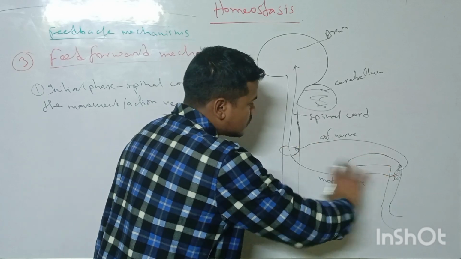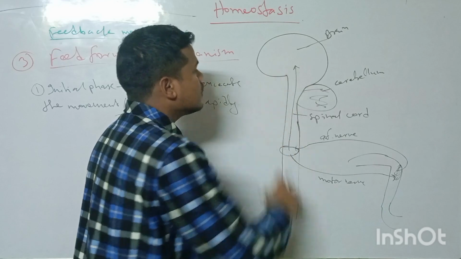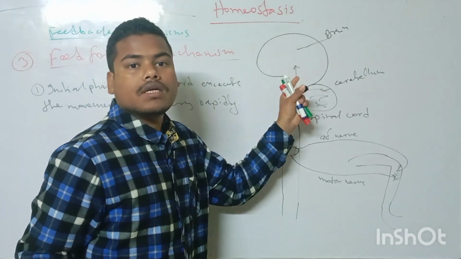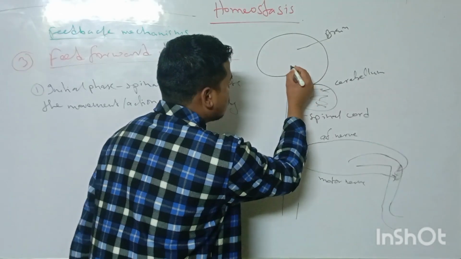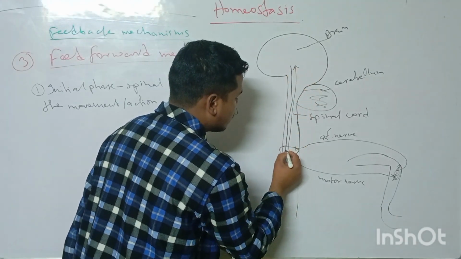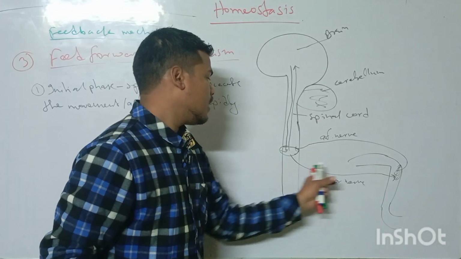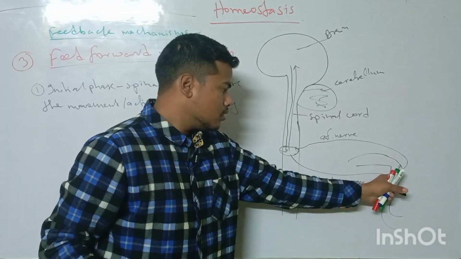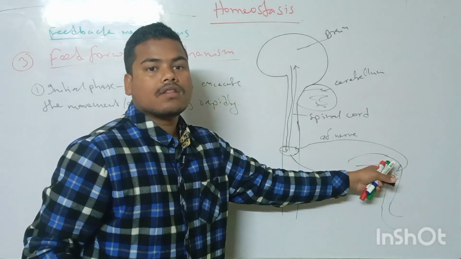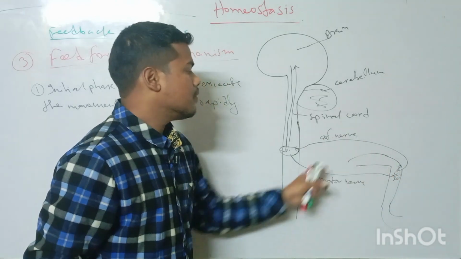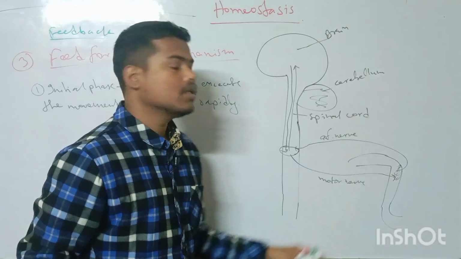The movement is executed already, and if there is any correction or refinement needed, then this part of the brain will send the motor signal to the spinal cord, and then to the periphery by the motor nerve, and the refinement and correction is done in the movement.